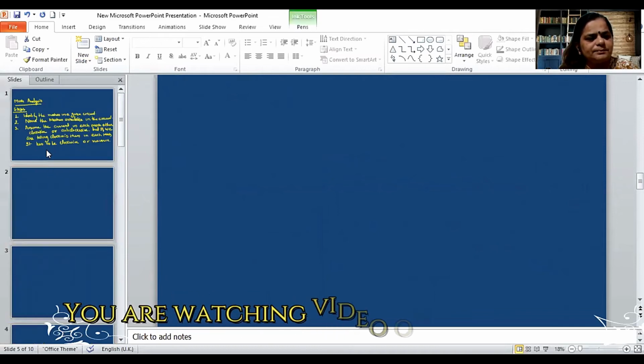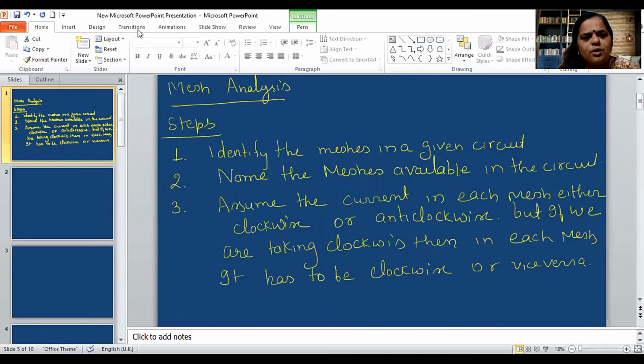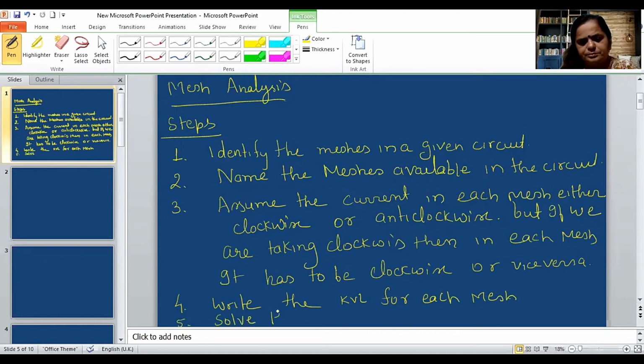Now after this, the fourth point is to write the KVL for each mesh. Then solve the equations to determine the current in the desired branch.